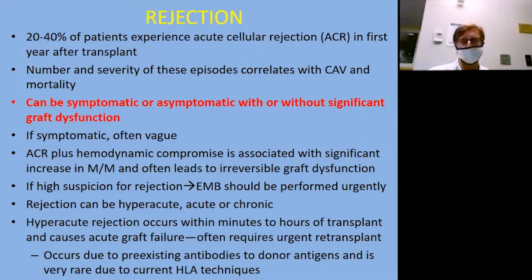It can be very vague to very dramatic presentations. But even the vague symptoms might correlate with a dramatic drop in ejection fraction and terrible hemodynamics. So you have to have a decent index of suspicion for it. If you have an index of suspicion that warrants it, then you should do an urgent biopsy.